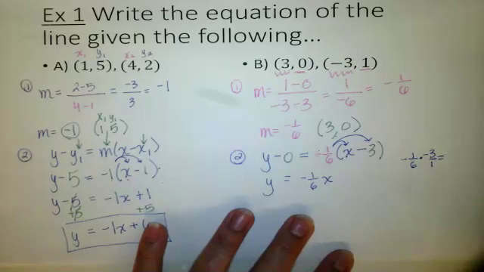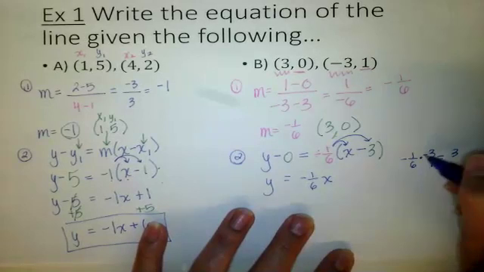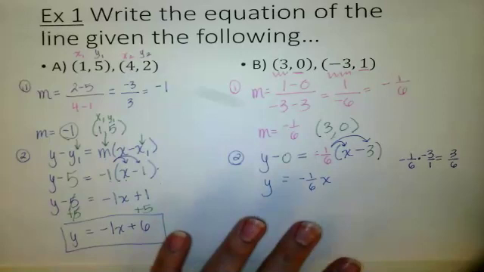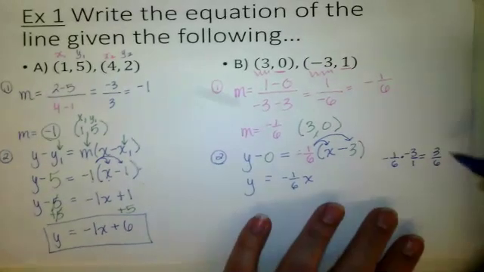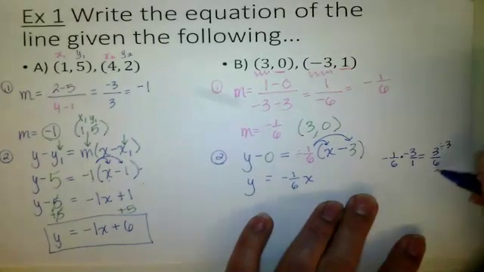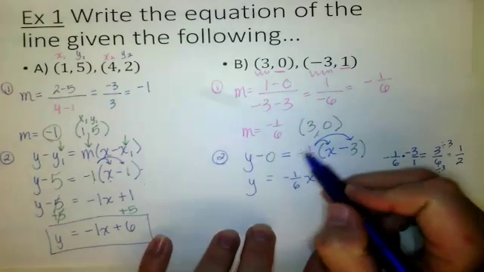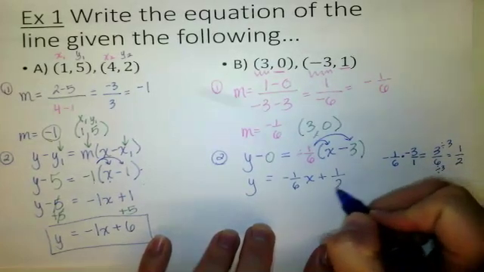Straight across. What's that going to give me? Positive. Negative times negative is positive. 1 times 3 is 3. 6 times 1 is 6. What happens with the 3 over 6? It reduces to 1/2. Yeah, we can divide top and bottom by 3 and get 1/2. So negative 1/6 times negative 3 turns into positive 1/2.